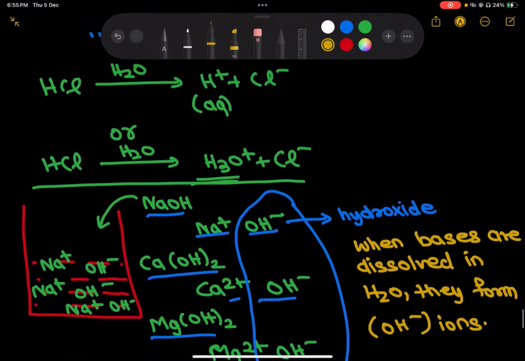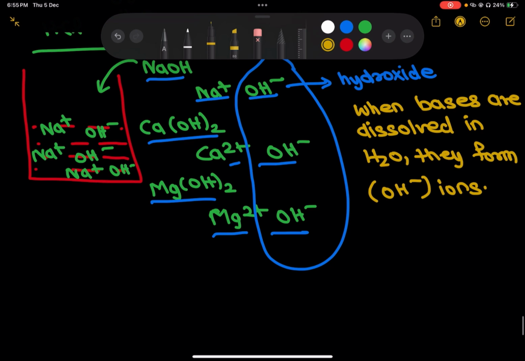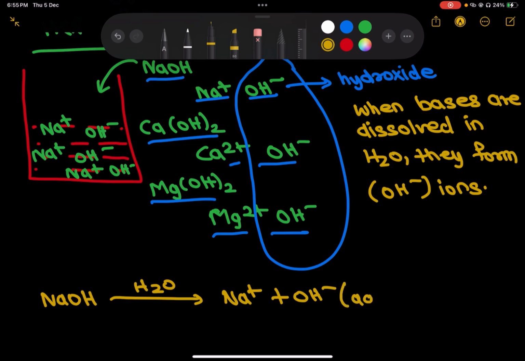When you write the reaction, for example NaOH in the presence of H2O, it gives Na plus and OH minus. For OH minus you have to write aqueous.